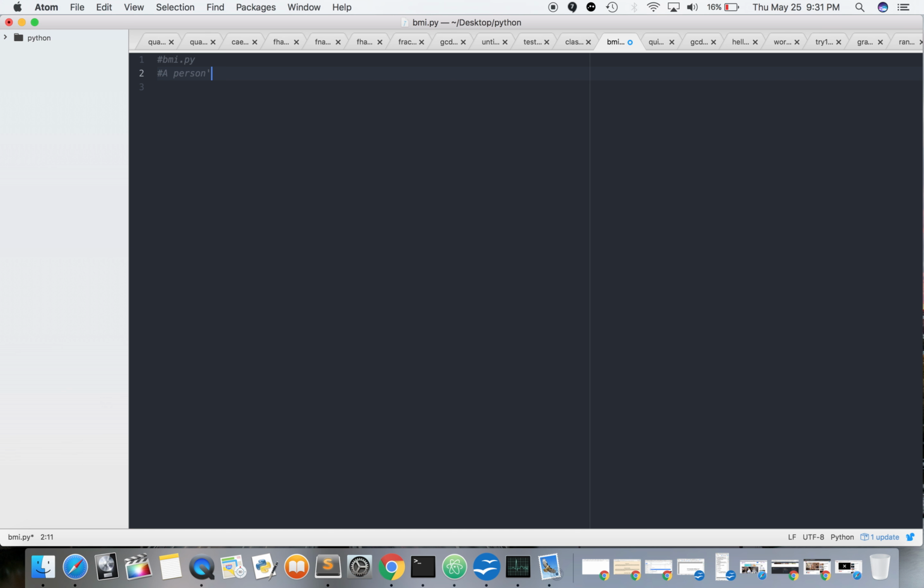Now let's put all this. A person's BMI is person's weight in pounds times 720 divided by the square of the height in inches.